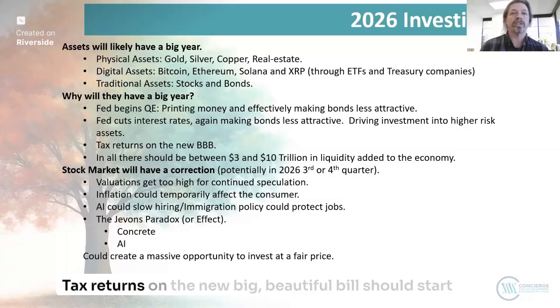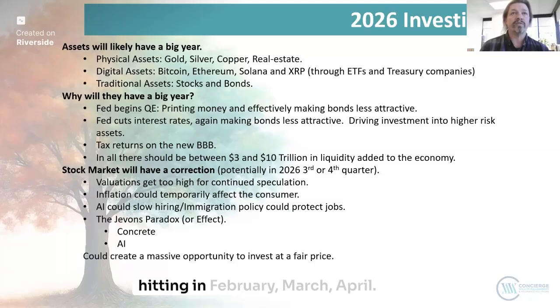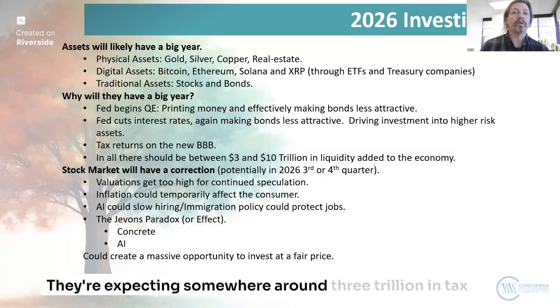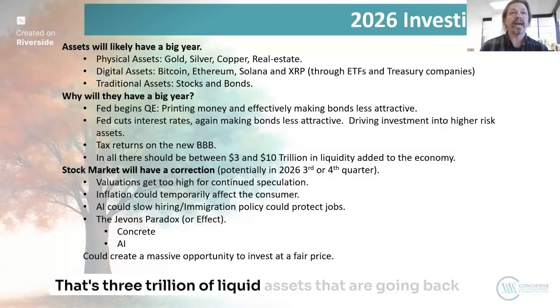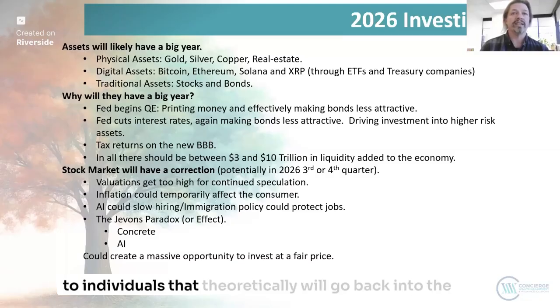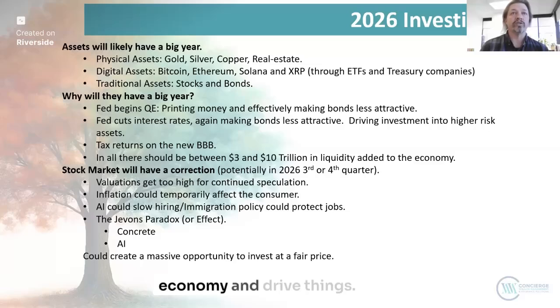Tax returns on the new big, beautiful bill should start hitting in February, March, April. They're expecting somewhere around 3 trillion in tax returns this year. That's 3 trillion of liquid assets going back to individuals that theoretically will go back into the economy and drive things.